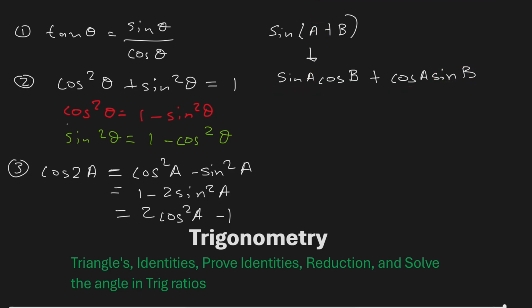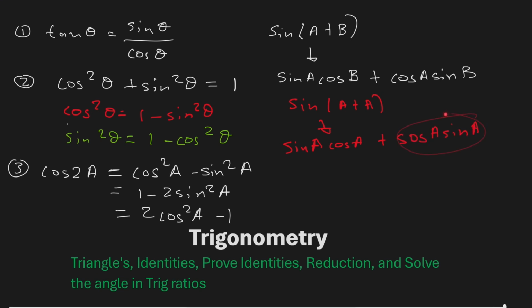Okay, so now let's assume that we had the same angles. So if we had sine of A plus A, this is going to change and become sine A cos A plus cos A sine A. Like I said, remember this thing is the same thing.